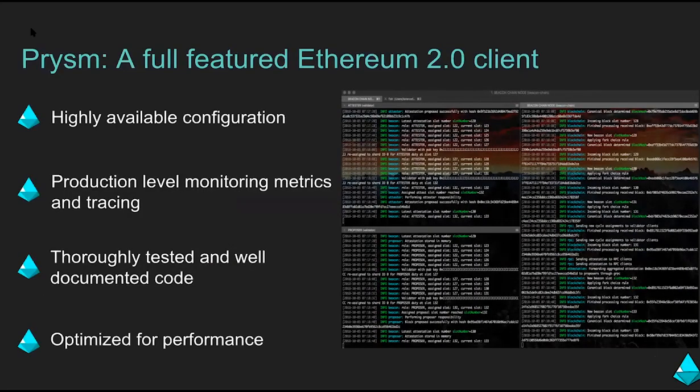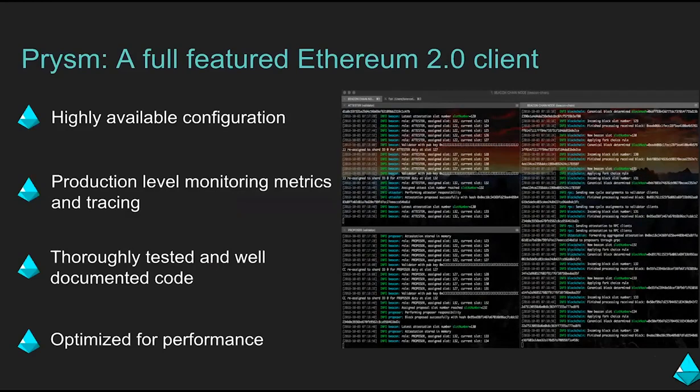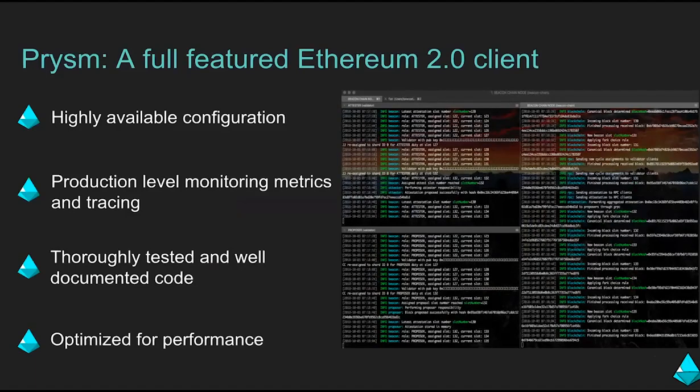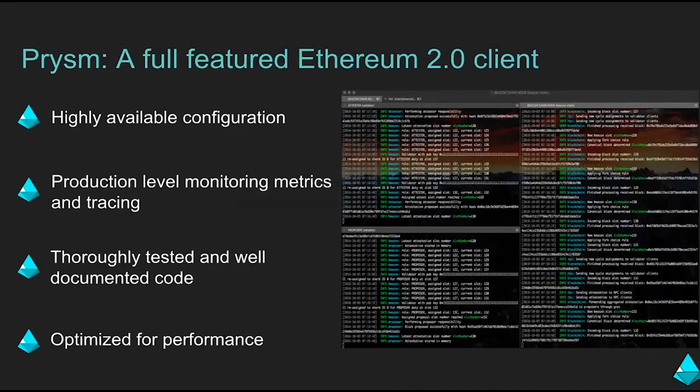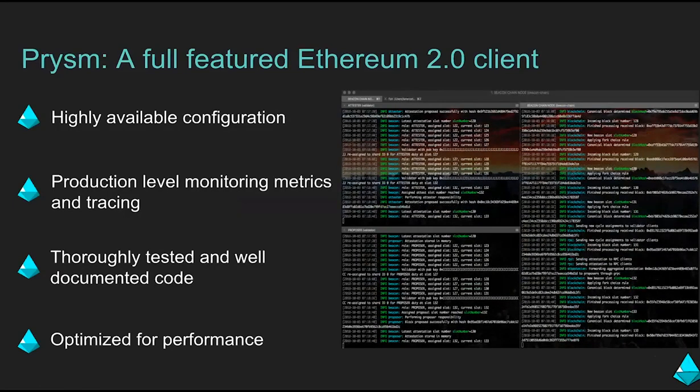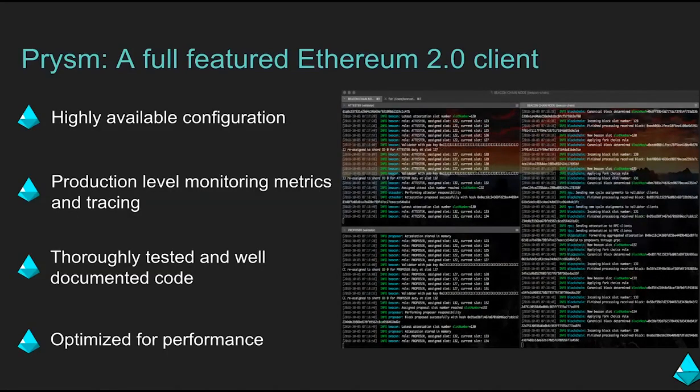Prism is an ETH2 client written in the Go programming language. And what we're targeting are highly available, production-ready deployments. So what that means is we're utilizing a client and server architecture where you have the bulk of the work put into a server called the beacon node.